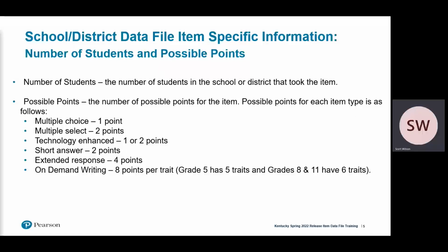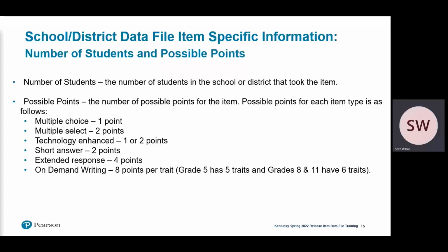Also for the on-demand writing, this is a little different than we've done in the past. Originally, the on-demand writing was not scored at the trait level. So the number of points was 8 points for the whole on-demand writing raw score. Now that it is scored at the trait level, each trait is scored twice, once by our intelligent essay assessor and once by a human scorer.